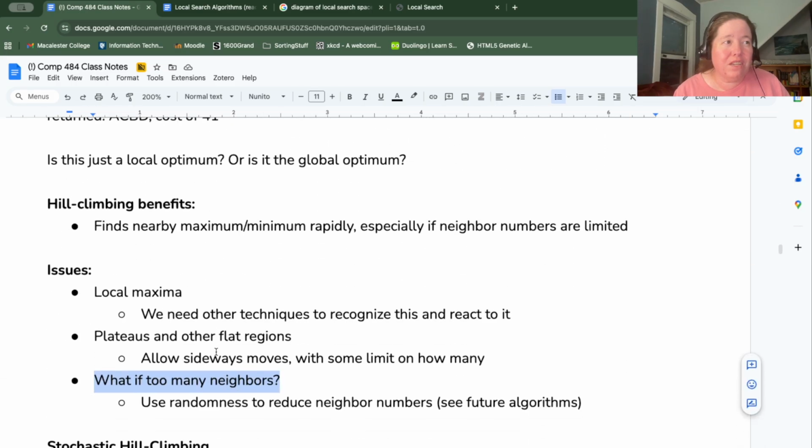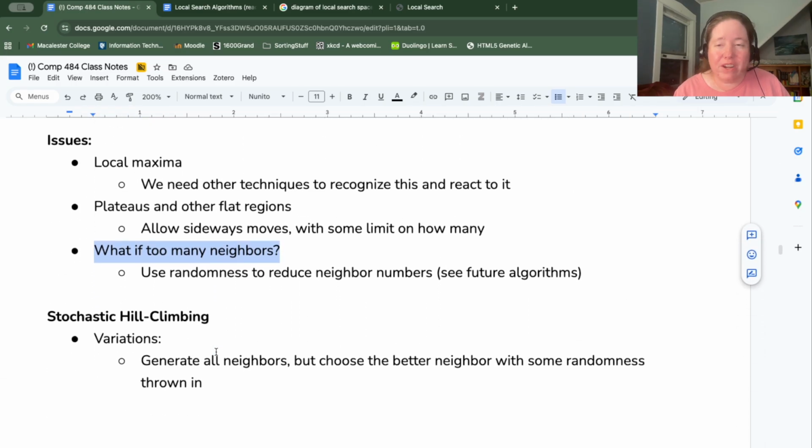If there are 1,000 neighbors, and it's not very expensive to calculate the evaluation function, it might be a little slow. But there are also situations where you have 1,000 neighbors and it's relatively expensive to calculate the objective function, the evaluation function. This can really bog down a great deal. And we'll look at some examples of that when we're in person.